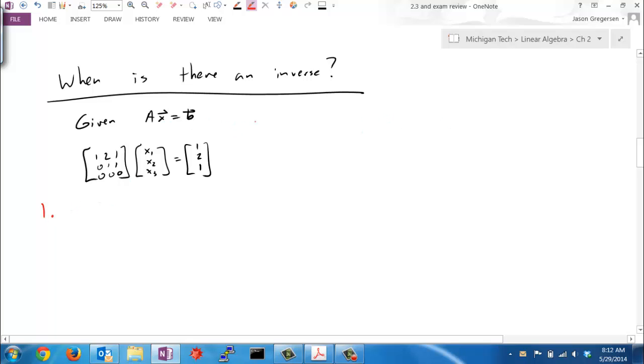This matrix equation, we can also think of it as a transformation. In this specific case, we'd be transforming from R3 to where? We're taking elements from R3 and mapping them to where? R3, absolutely.